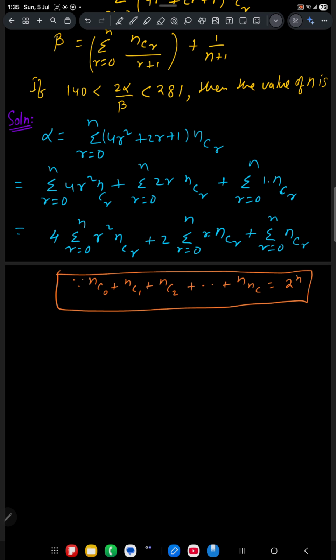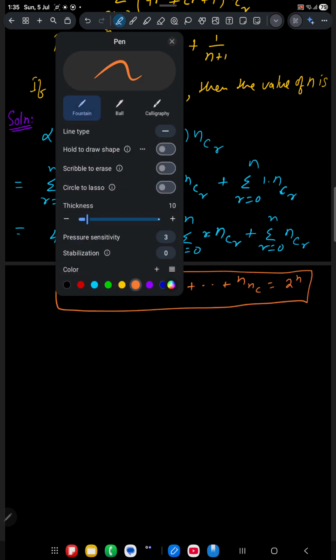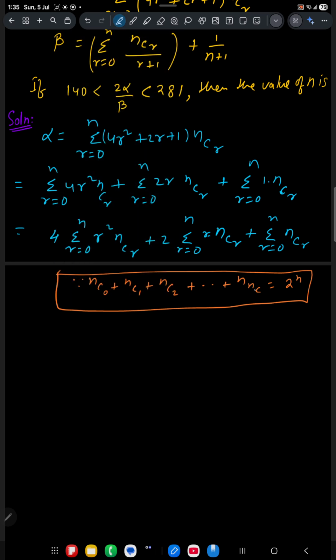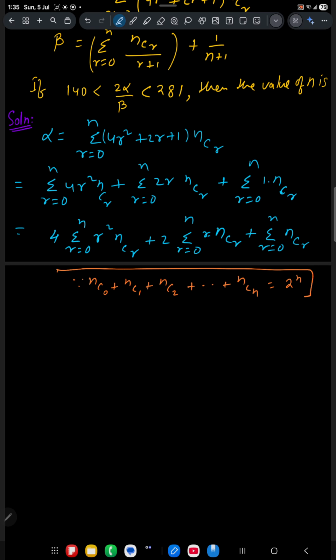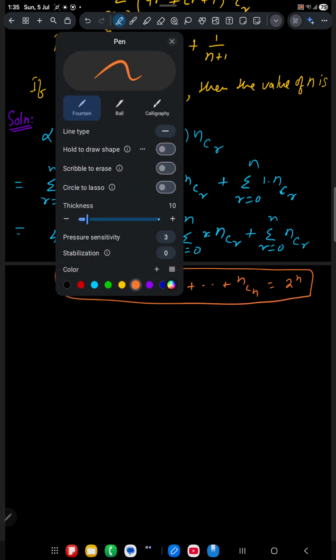So come to the original point, here this is nCn, here is nCn. Okay, so this is our formula. Now come to the original part.